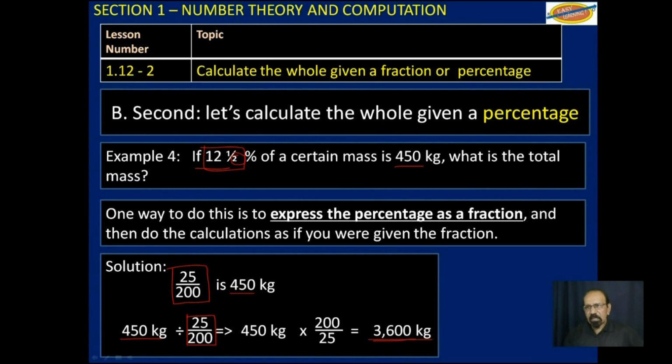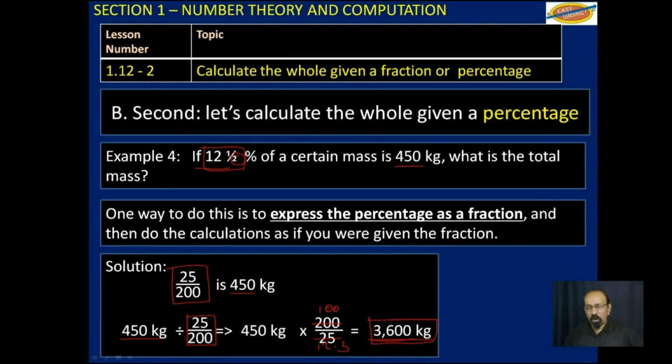Now, incidentally, you could have still multiplied this by 100 if you like, and instead of dividing by 25, divide by the percentage you are given there, 12.5, and you will still get this same answer.